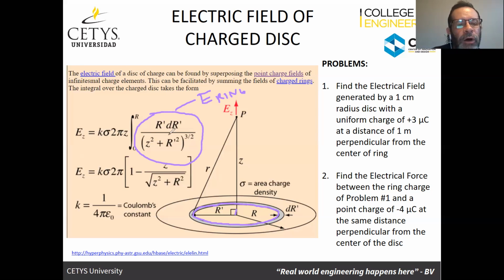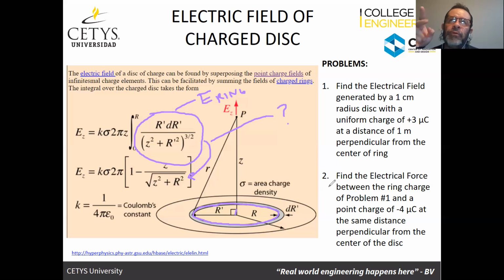Okay. And also from here to here, we have an integral. How do we solve that integral? This bonus is going to be for Wednesday until midnight. So you've got 3 bonuses: how to solve the integral for the line, how to solve the integral for the ring, and how to solve the integral for the disk.